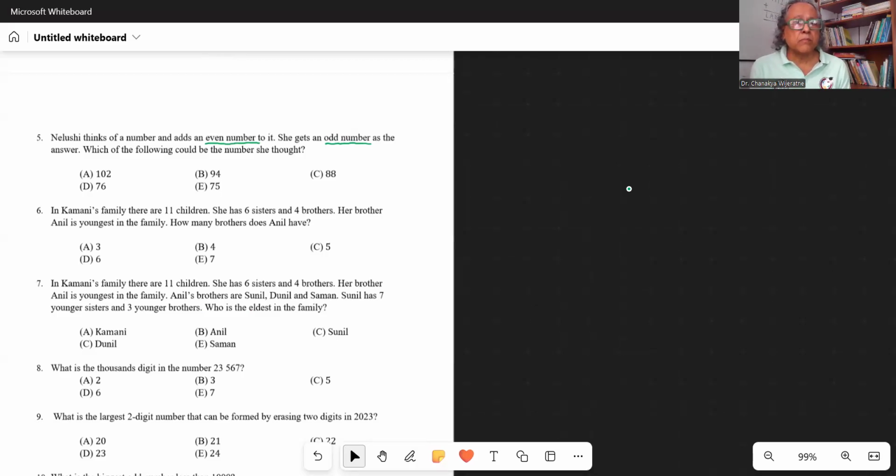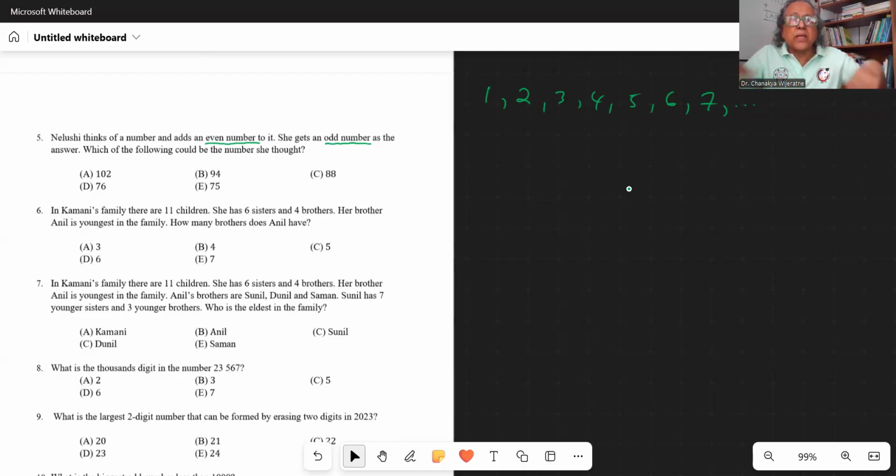And then we can categorize these numbers into 2 lots. So 1, 2, 3, 4, 5, 6, 7, and 3 dots to indicate that this goes on. We say a number is even if we get that many apples and you can divide them into 2 equal piles.